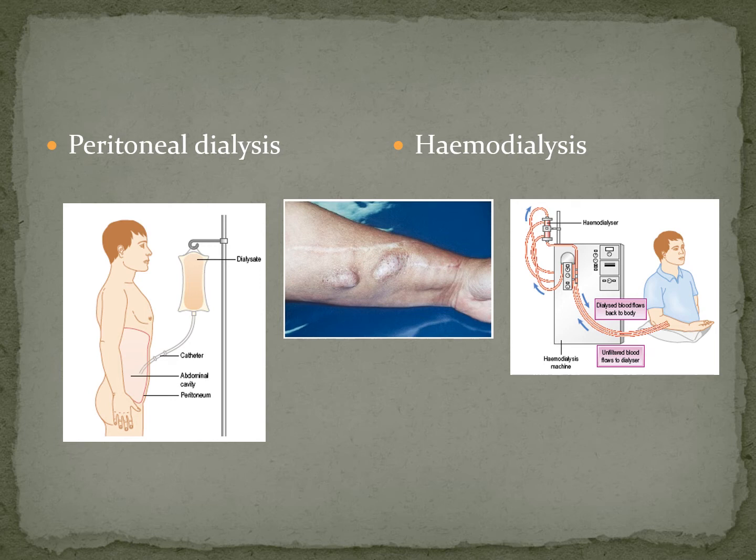Transfer of diffusible solutes and water between the blood and the peritoneal cavity depends on the concentration gradient between the two fluid components. The infusion is a dialysis solution placed directly into the abdominal cavity through a catheter.